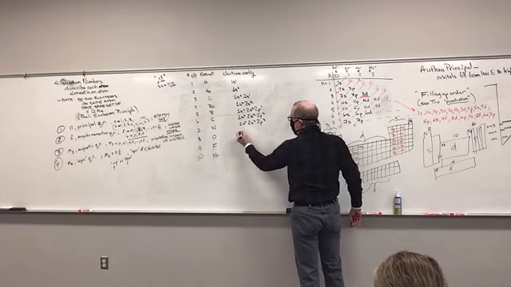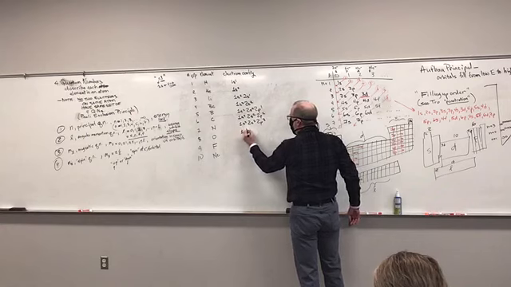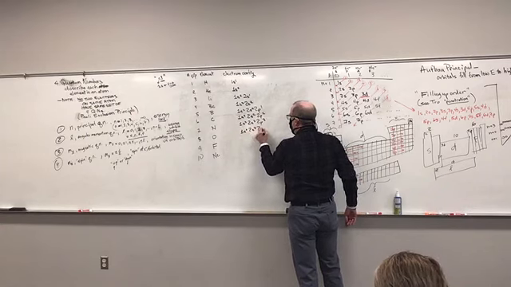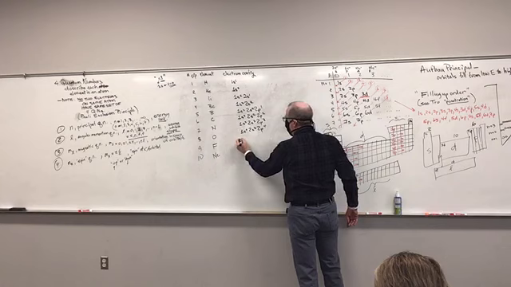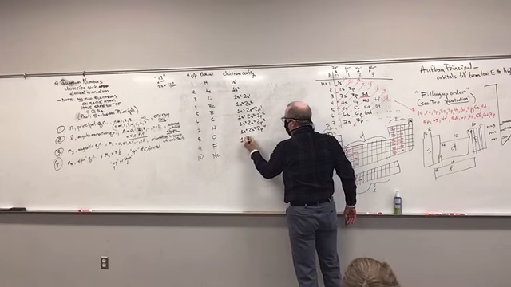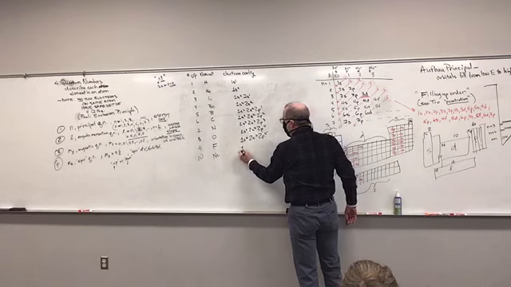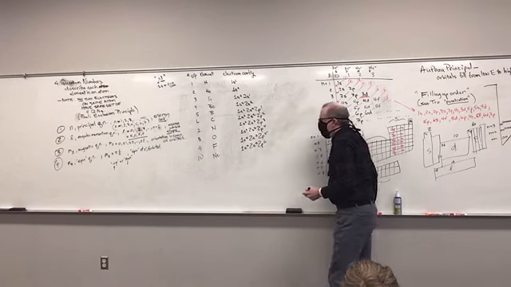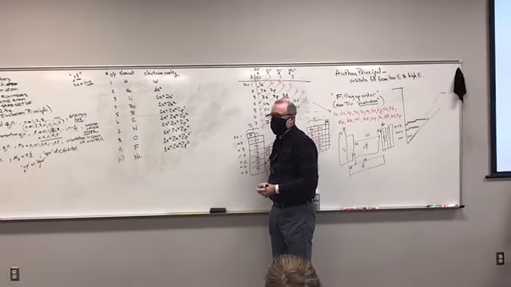Nitrogen, 2p3. Oxygen, 2p4. Fluorine, 2p5. And finally, neon, which is 2p6.